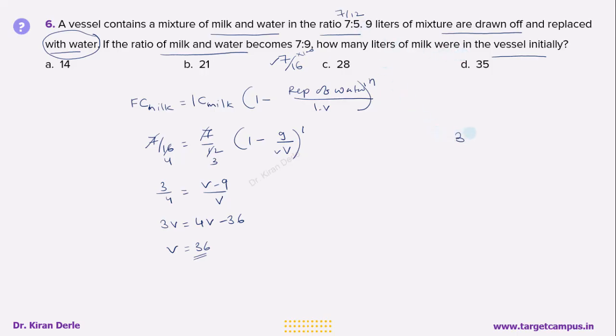Out of these 36 liters, the ratio of milk to water was 7:5, so milk was 7/12 of that total vessel, or it was 21 liters. I hope you understood this, right?